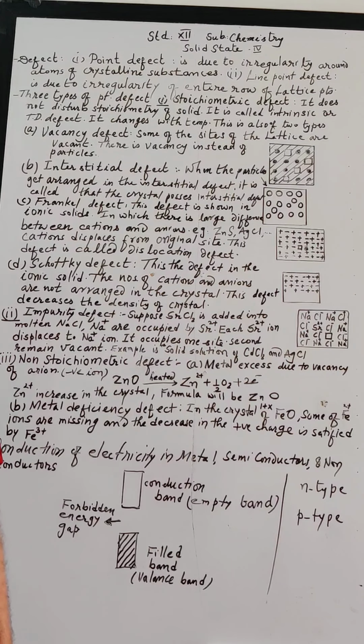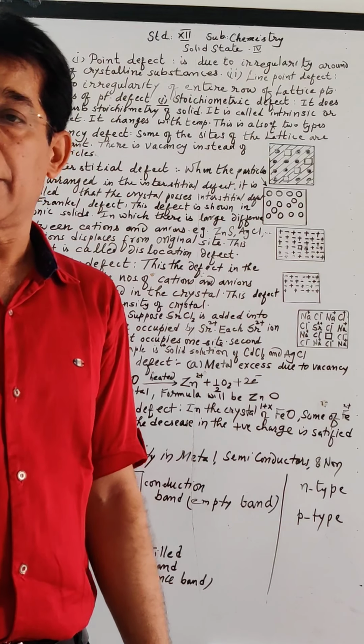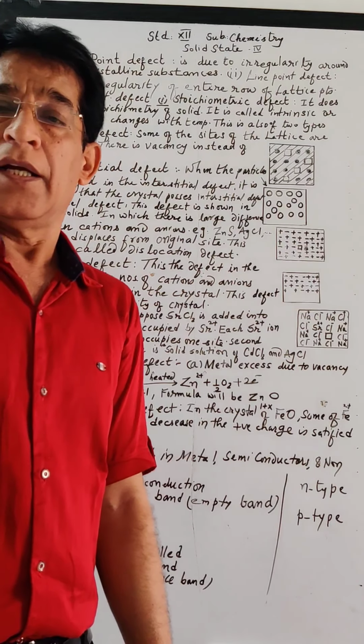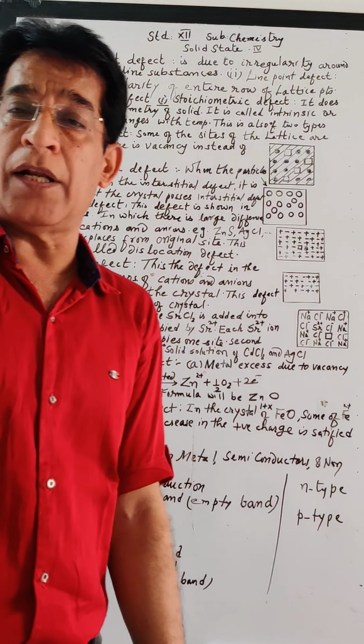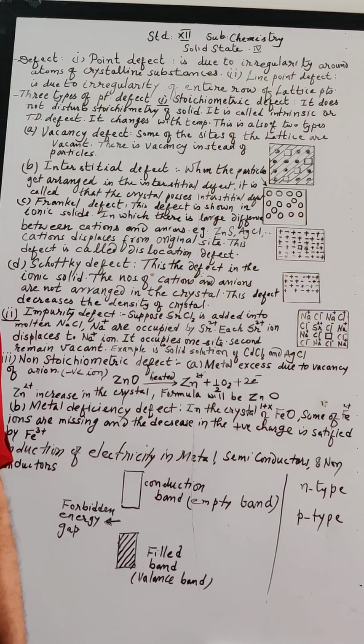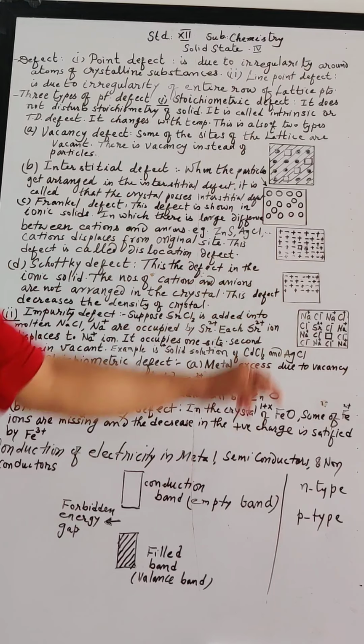Each Sr2+ ion displaces two Na+ ions. It occupies one site and the second site remains vacant. Another similar example is the solid solution of CdCl2 and AgCl. You can see the figure.